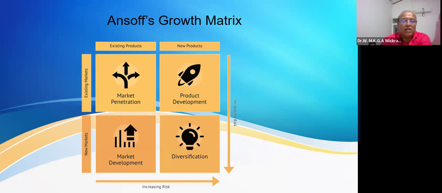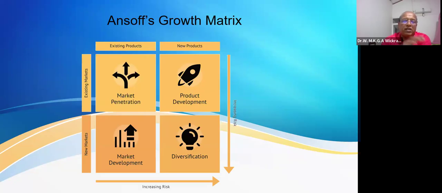You have to understand what the market is, and they may be doing a lot of market research before moving in, because you can see it is high risk, increasing risk, even for market development. So product development, as I told you, is new product into existing markets, and diversification means new product into new markets.